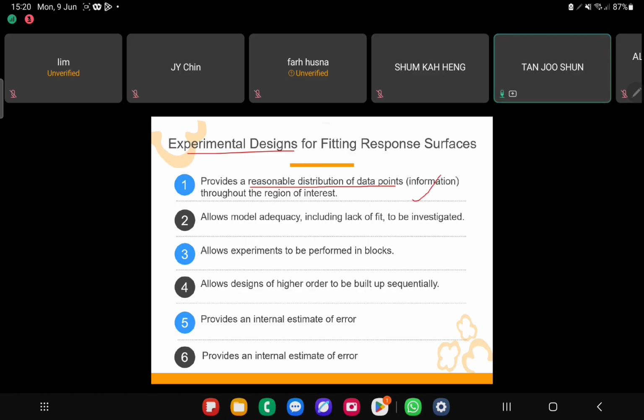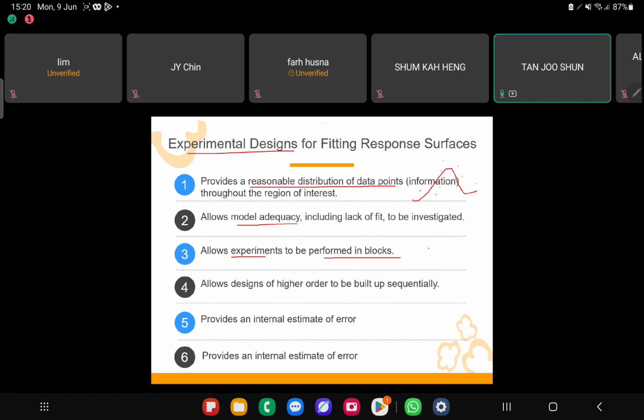Meaning when you do the response surface, it will give you your experiment runs, where the points are. Model adequacy: whether the quadratic model that you put in fits or not. It allows the experiment to be performed in blocks.